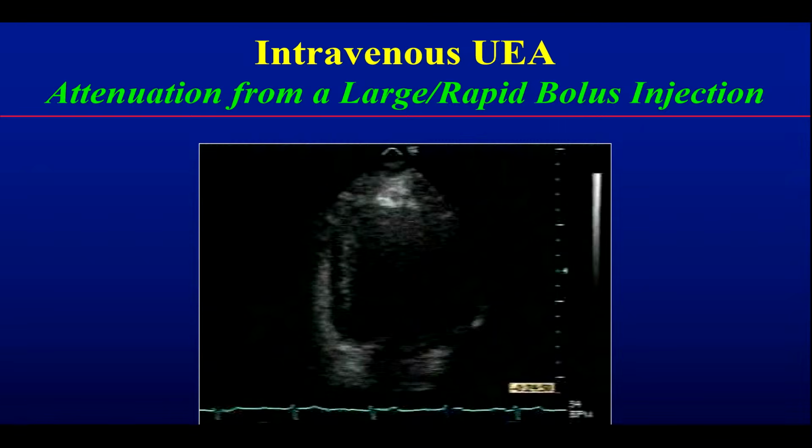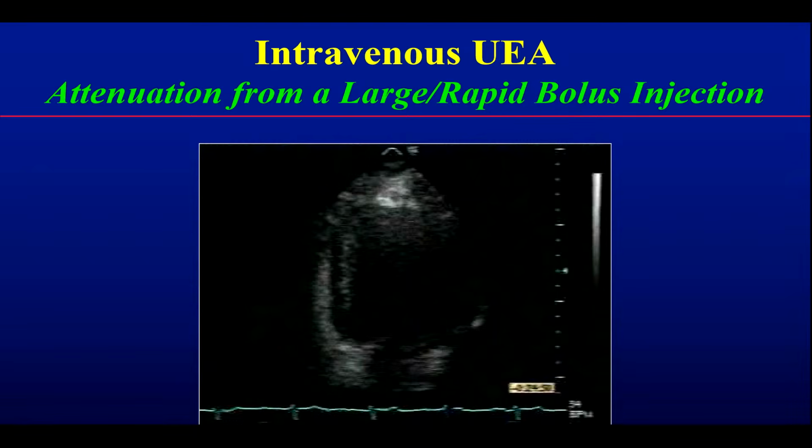So all you see is a reflection at the surface of where that bolus is. So for the sonographer, the nurse who is administering, as well as the interpreter, you need to know what attenuation was: too much contrast.